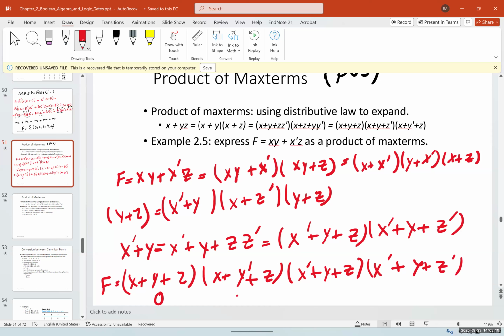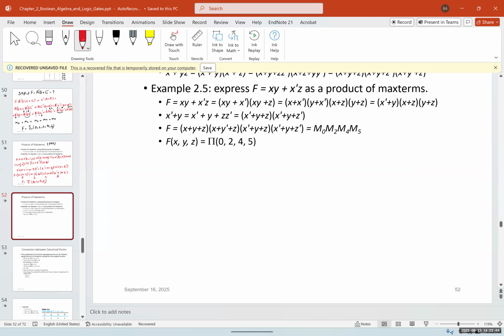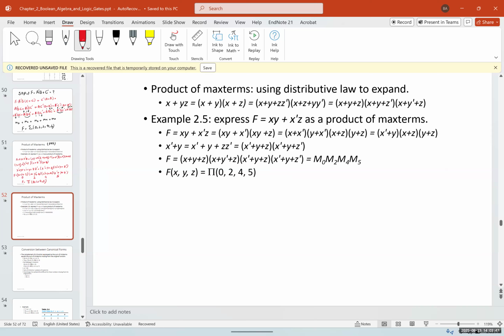This is M0, this is M2, this is M4, this is M5. So the final answer: F would be equal to the multiplication of 0, 2, 4, 5. Let me see if I did it correctly. So F would be the product of maximum terms, or we call it POS, of 0, 2, 4, 5.